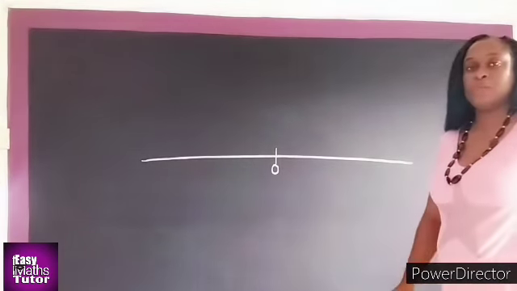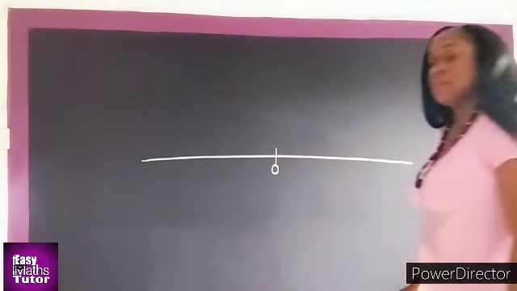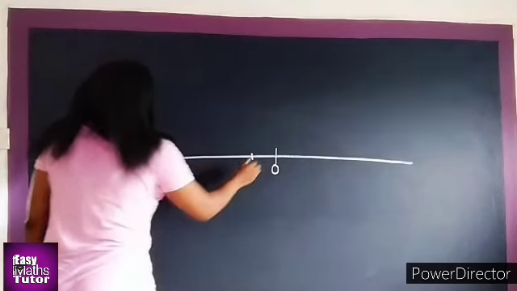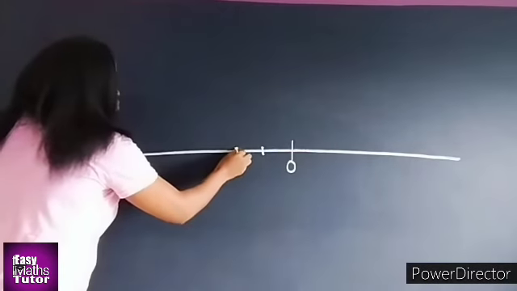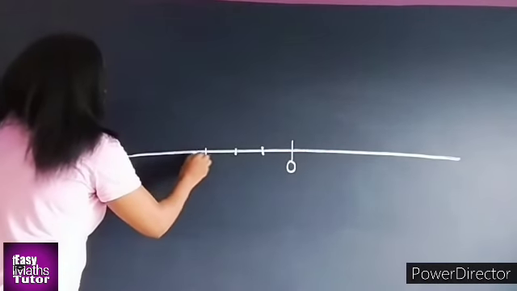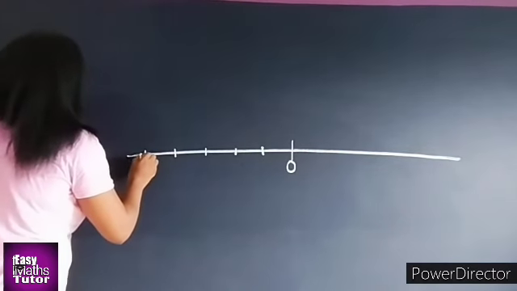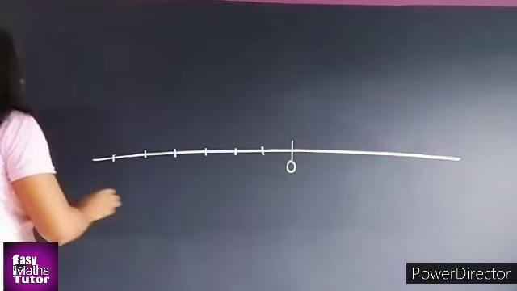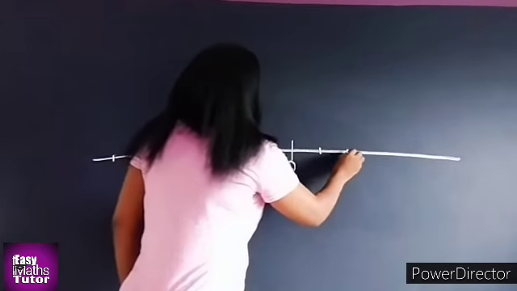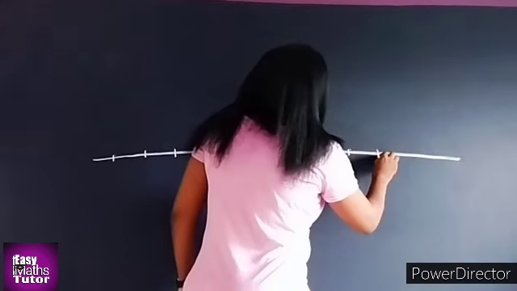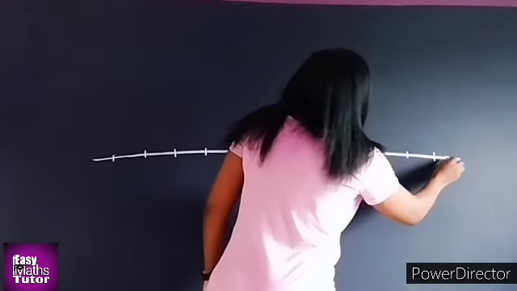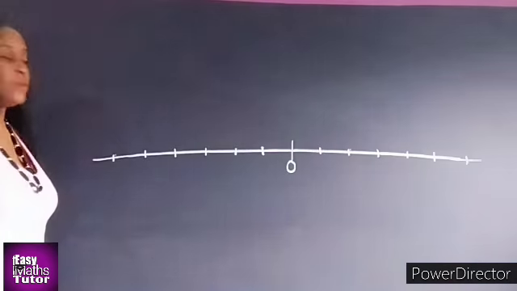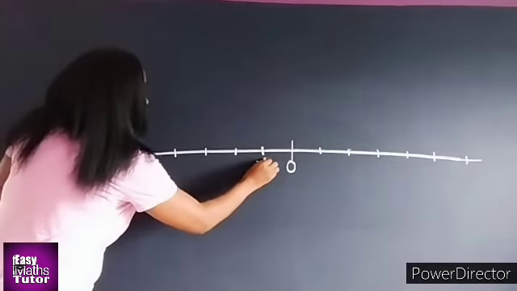Then let's divide the line into, say, 5 parts. 1, 2, 3, 4, 5, 6. Alright? So we'll call this together.